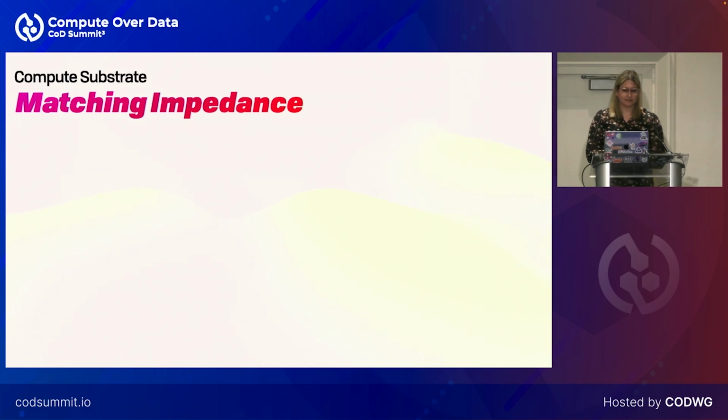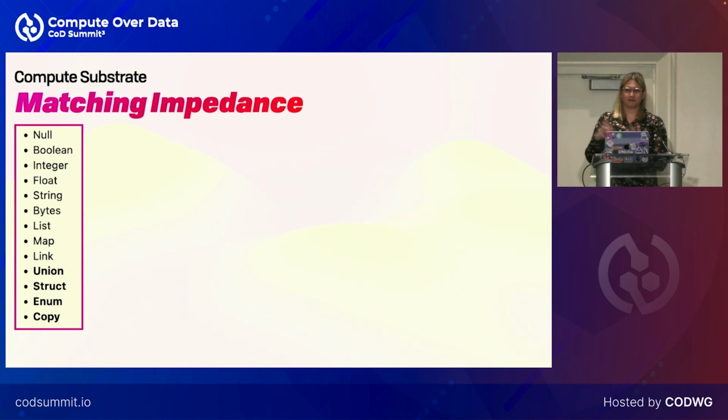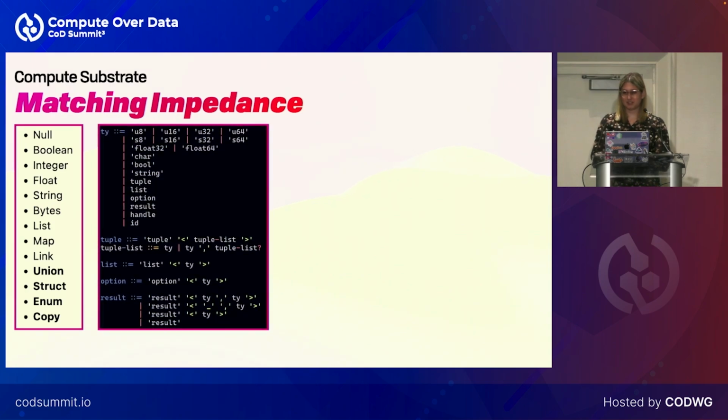Because this is the merger of IPFS and WebAssembly, we want to use IPLD as an interface. But WebAssembly doesn't take IPLD, right? It takes WebAssembly interface types at best. I mean, strictly speaking, it only takes integers or numbers and linear memory.